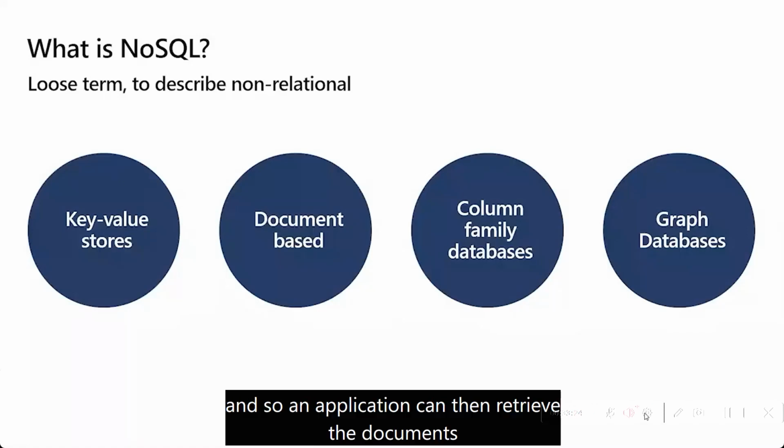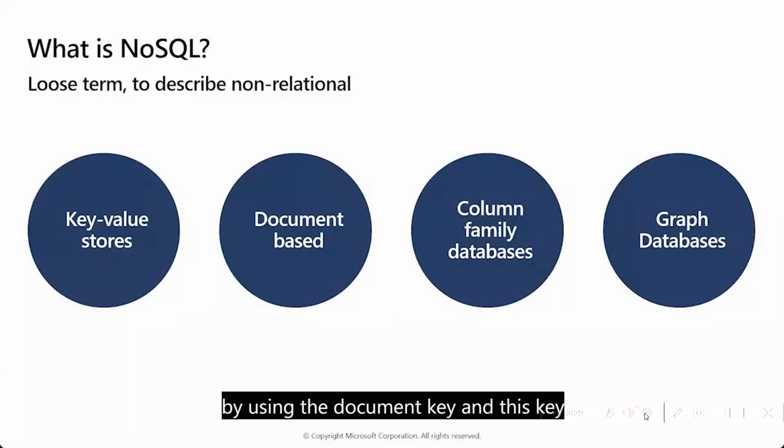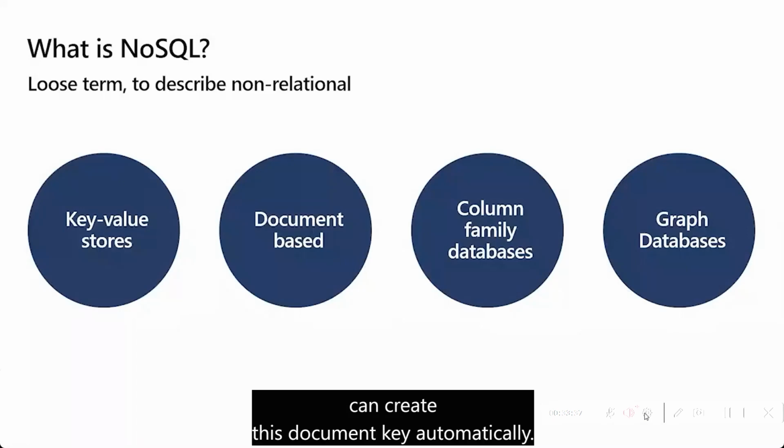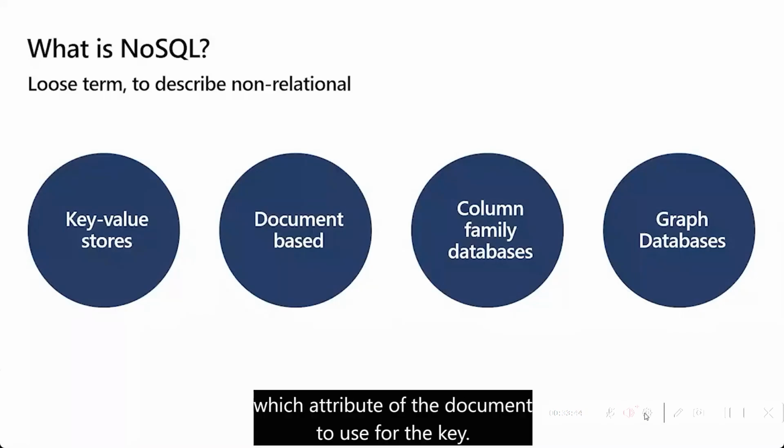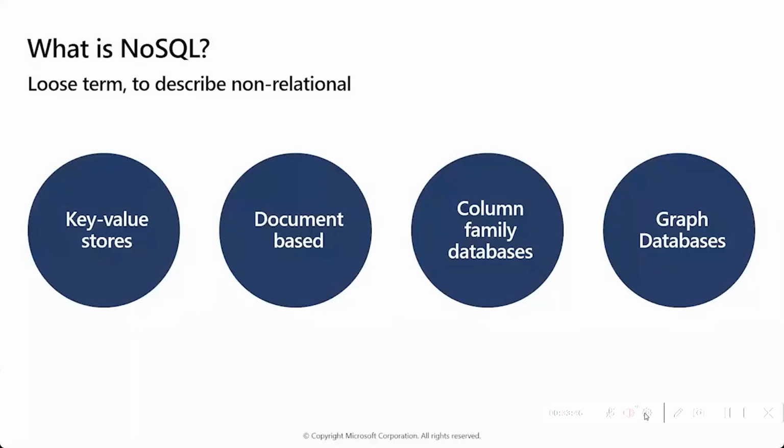An application can then retrieve the documents by using the document key, and this key is the unique identifier for the document. Some document databases can create this document key automatically. Others might require you to specify which attribute of the document to use for the key.